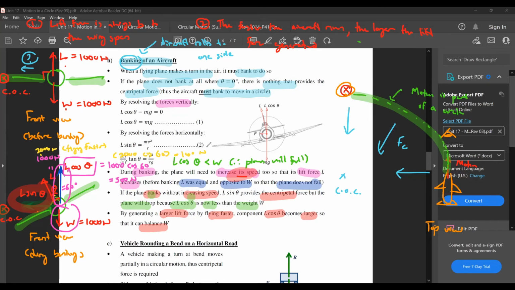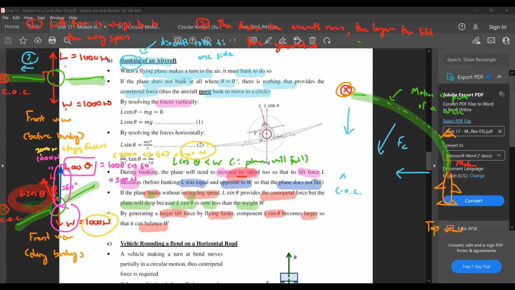This time, 1,000 Newton is balancing exactly the 1,000 Newton of weight, so my aircraft doesn't fall. That is the idea here: if you fly faster, you have larger lift, and then you could have a case where it can balance the weight.